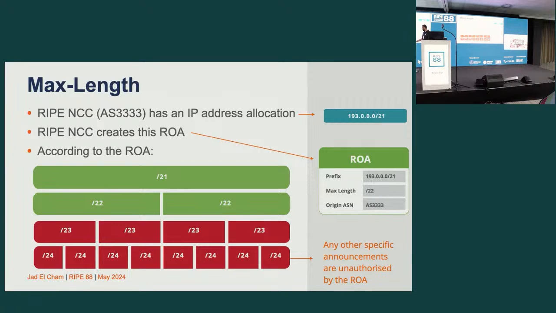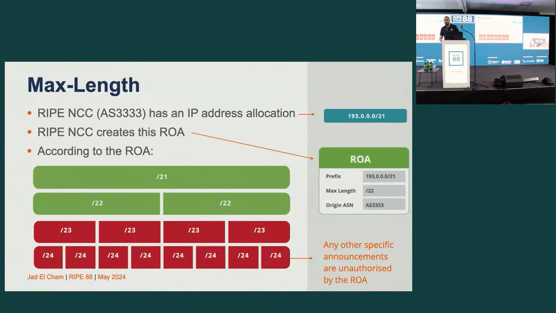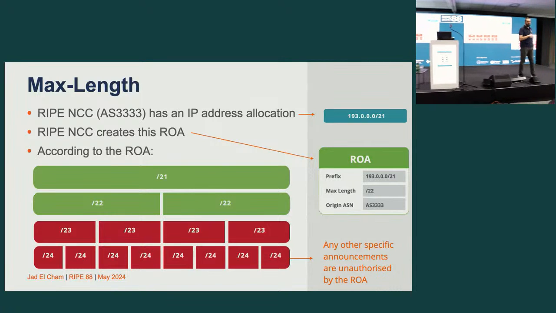An attacker can start announcing this /24 using AS 3333, and then suddenly their announcement would be legitimate as per the ROA. So that's why the recommendation out there is to create the ROAs in the RPKI system exactly as you do in BGP. All right, so if you have announcements for /21s only, then create ROAs only for /21s.